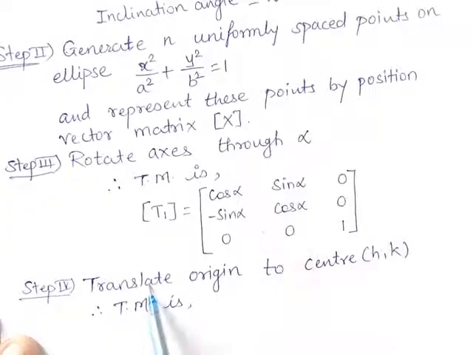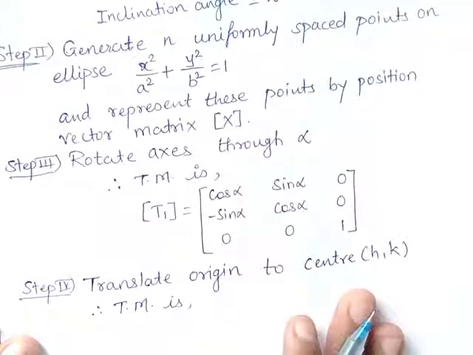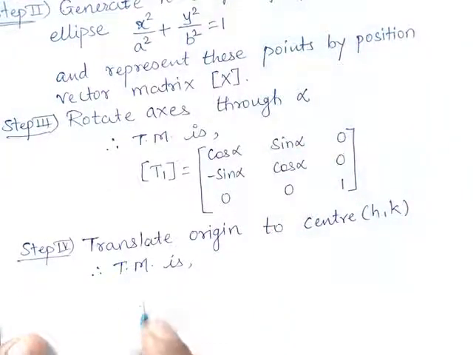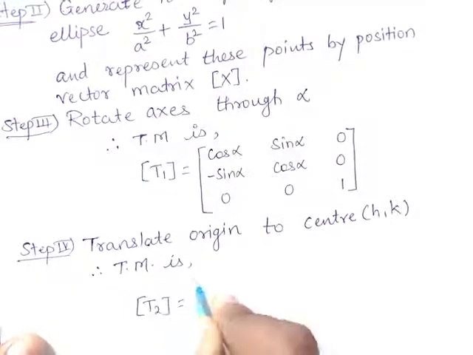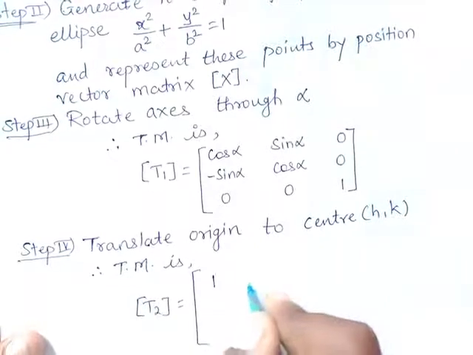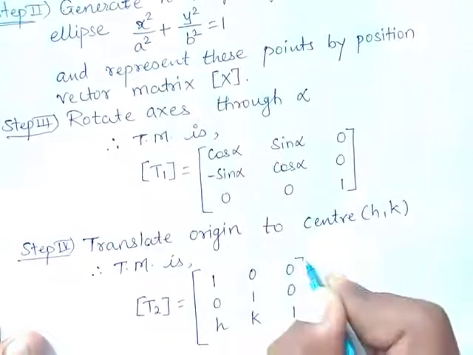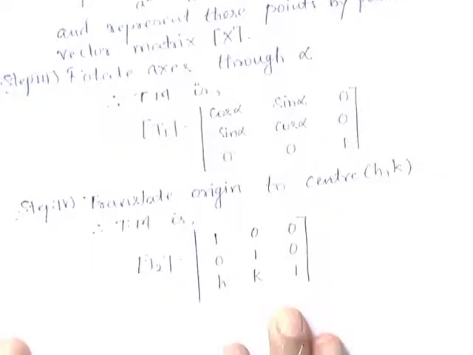I took a 3 by 3 matrix so that we can determine a concatenated matrix for these two transformations. So the transformation matrix T2, a translation to center (h, k), is: 1 0 0; 0 1 0; h k 1. This is our matrix for translation.